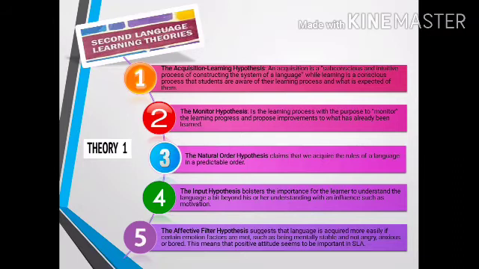The next one, the monitor hypothesis, is the learning process with the purpose to monitor the learning progress and propose improvements. The next, the natural order hypothesis, claims that we acquire the rules of a language in a predictable order.